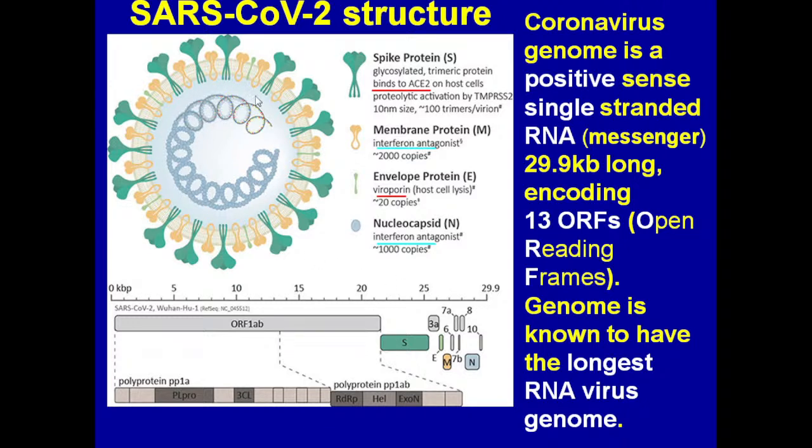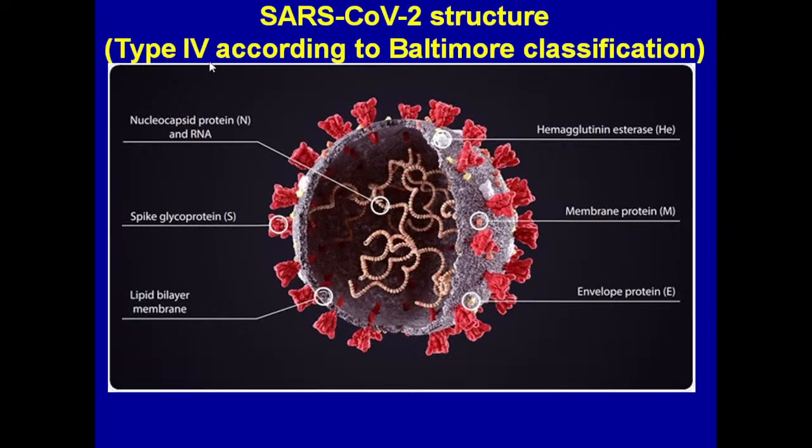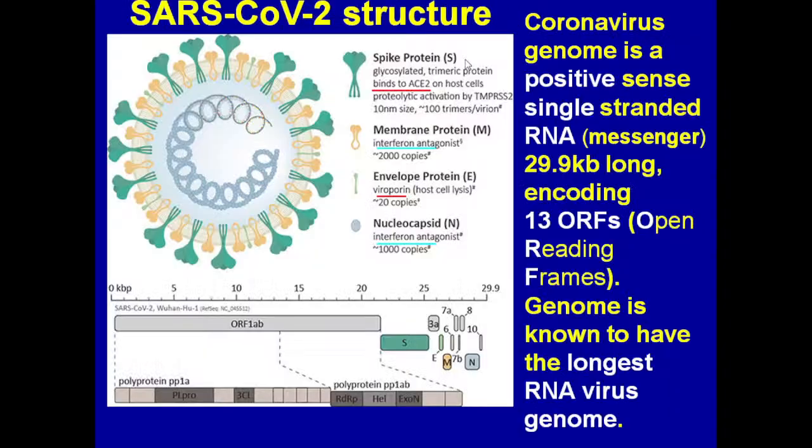You can see here that the symmetry of the nucleocapsid is helical, and the nucleocapsid protein is tightly fixed with the viral RNA. And because it is positive sense RNA, according to the Baltimore classification, it doesn't keep its own RNA-dependent RNA polymerase with it.